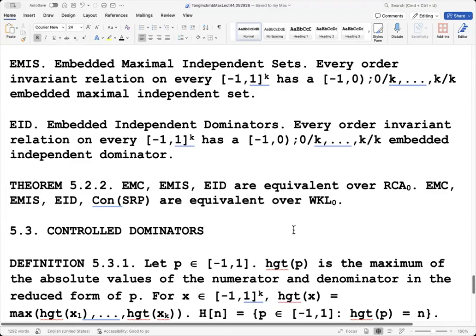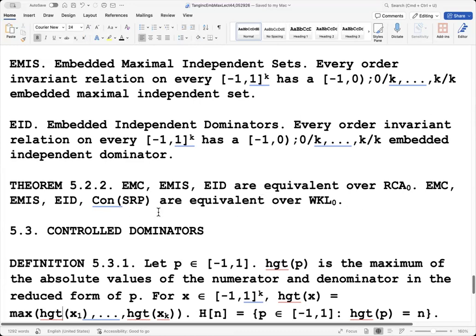Okay, and it's trivial that these are all equivalent over RCA naught because independent sets, maximal independent sets, independent dominators and maximal chains are all the same thing, except you might have to go to the negation of the relation. Doesn't make any difference for this. Okay.